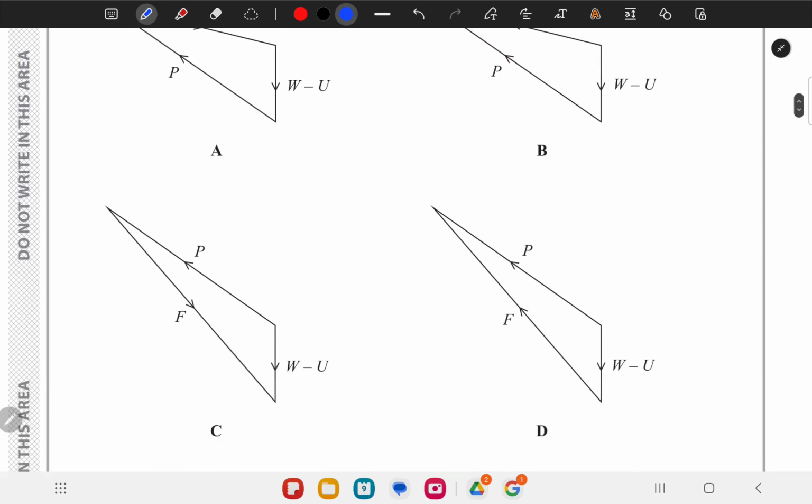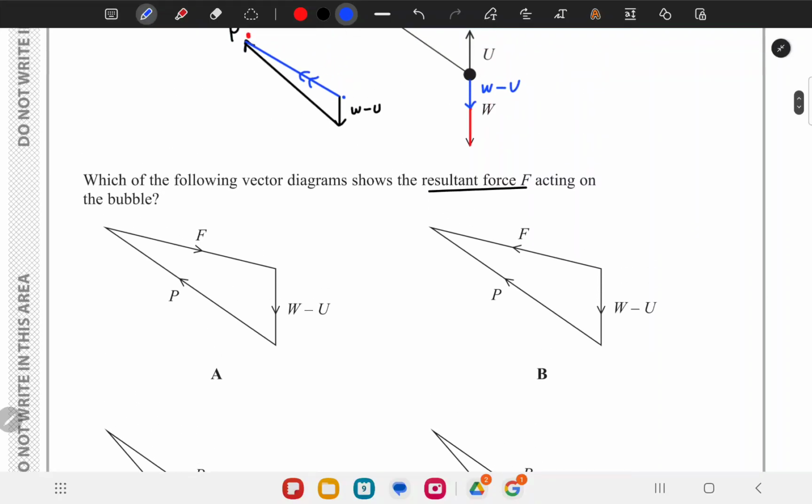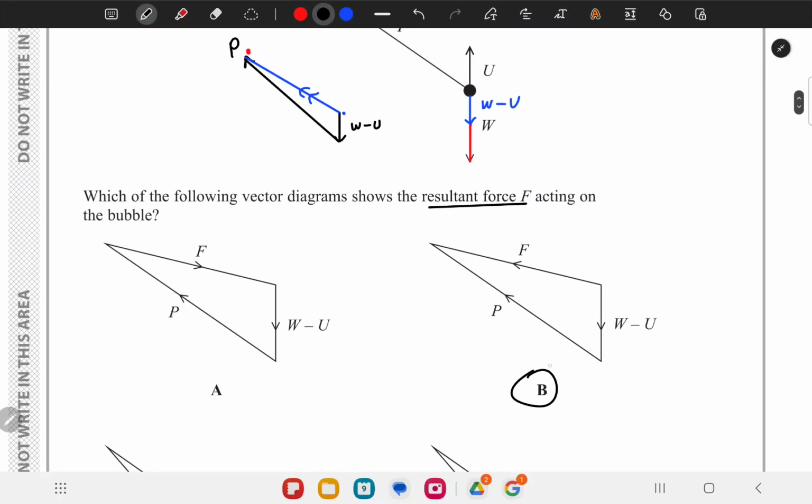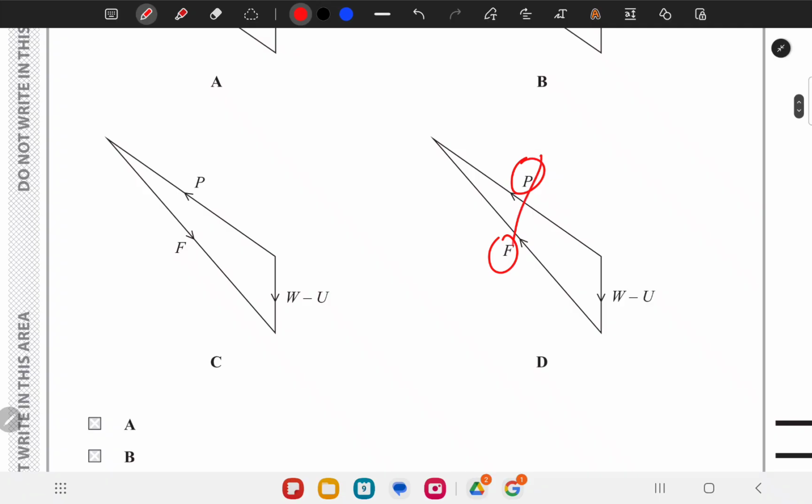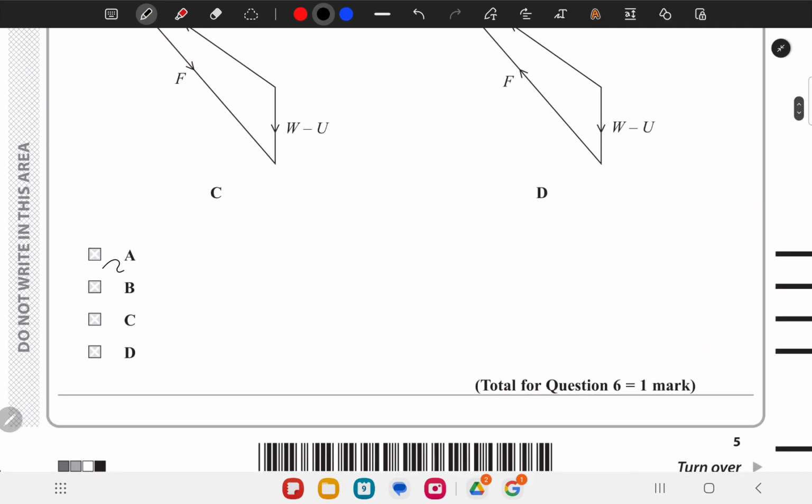Now if you look at the vector diagrams, we'll find that B is the correct one. B is the one that matches with ours. So we have P over here, P over here, the resultant force F over here, the resultant force F over here, the direction of the arrow is correct as well, and W minus U is correct. Over here, the arrow of F is in the wrong direction. In this case, F and P are reversed in both C and D. So B is our correct answer.